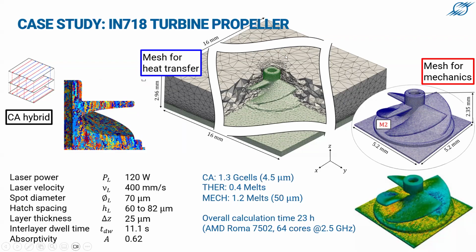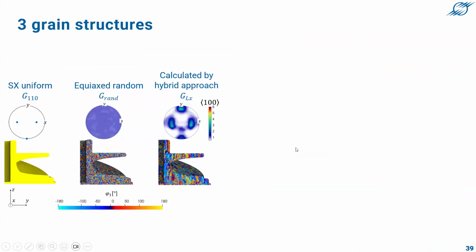This is the mesh for the heat transfer, and this is the second mesh that is considered only for mechanics. So this is for a small part, very small part. In fact, it's a kind of demonstration. For the moment, we would not be able to do that on, let's say, real scale parts.